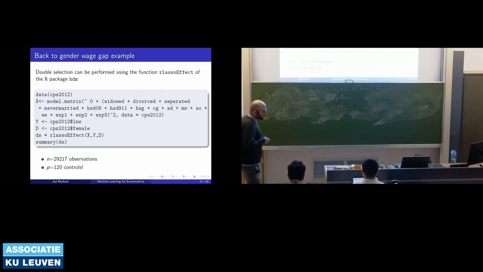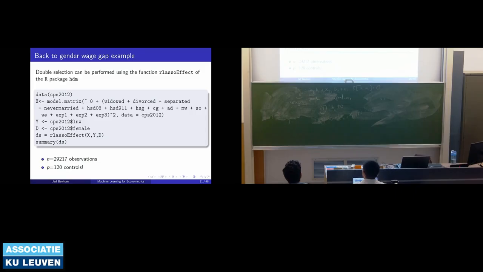Let us now apply this double selection to this problem of estimating the gender wage gap. We are going to take this CPS 2012 data. It's the American Current Population Survey. Y is going to be the logarithm of wage. D is going to be a dummy variable for being female.